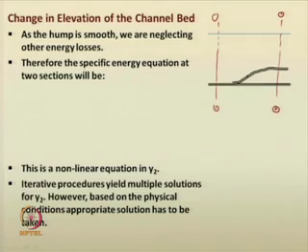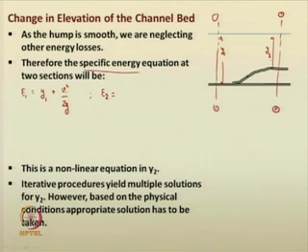So, if you recall the specific energy equation, at section 1, E1 is equal to the depth of the flow y1, if this is the depth of the flow here, plus v1 squared by 2g. Similarly, the specific energy at section 2 is the depth of flow y2, if this is the depth of the flow here, plus v2 squared by 2g.